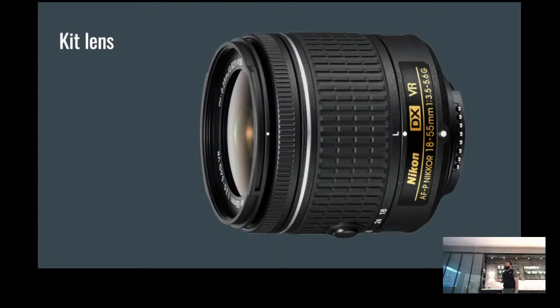It starts at 3.5, but as we turn the lens from 18 to 55mm, it jumps up to 5.6. That's natural with a lens like this because it's a kit lens. Is it your forever lens? Probably not. But for someone who's just starting, this is a perfect lens to have, and it's not a bad lens to have in your collection.